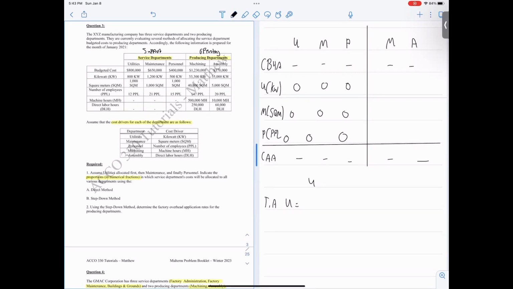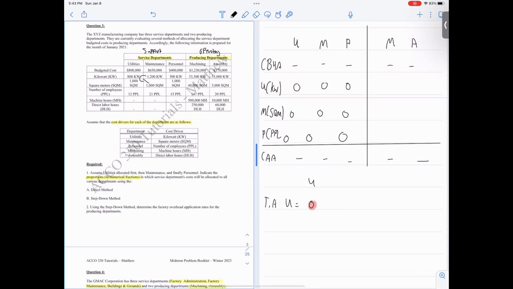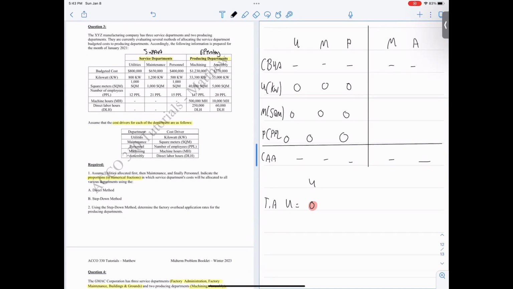Do you include this in your analysis? The answer is no. Not because it's the direct method, but because you never do any self-allocations. Utilities also allocates 1,200 to maintenance and 500 to personnel, but you're doing the direct method, so you do not care. So you have 0 here and 0 here.